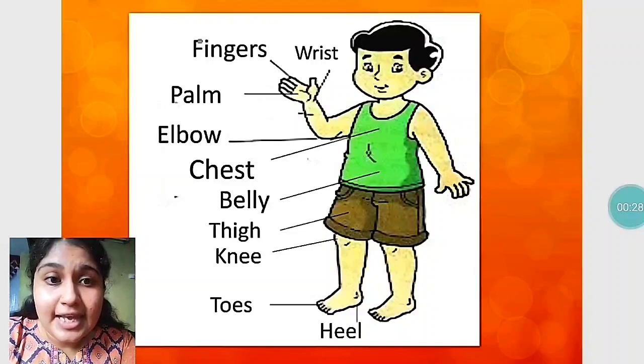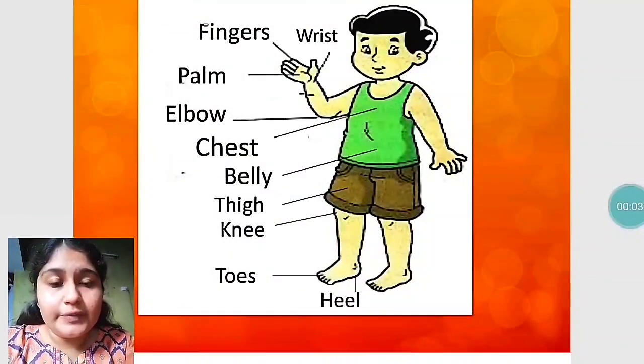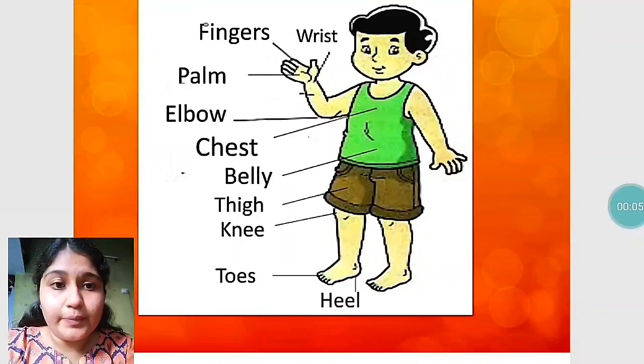Our hands help us to write, eat, hold something, and many more things. At last, legs. With the help of our legs, we can walk, run, jump, dance, and many more things.